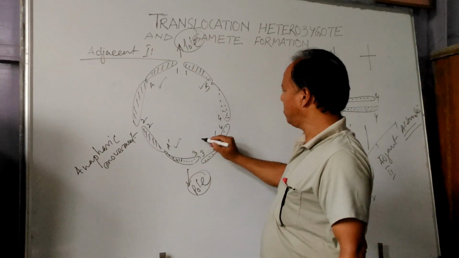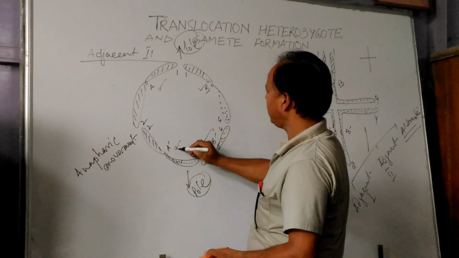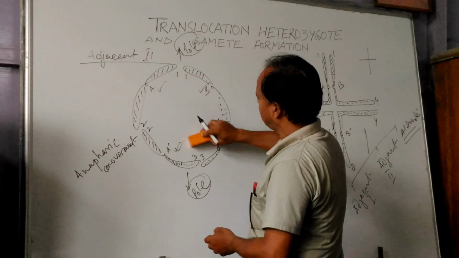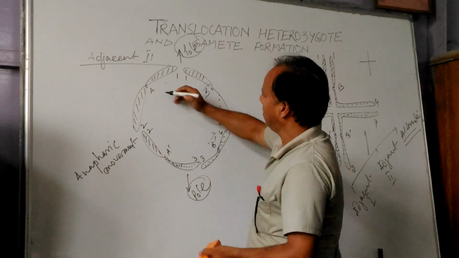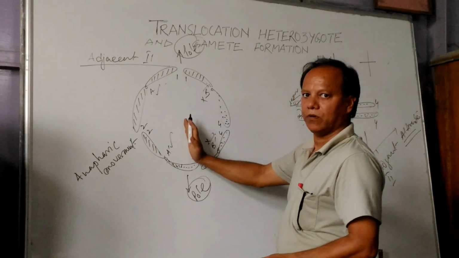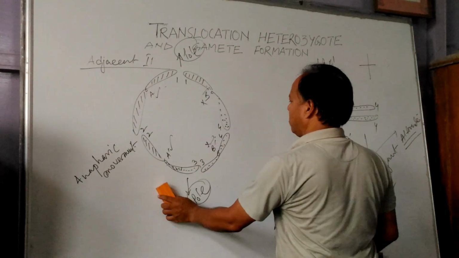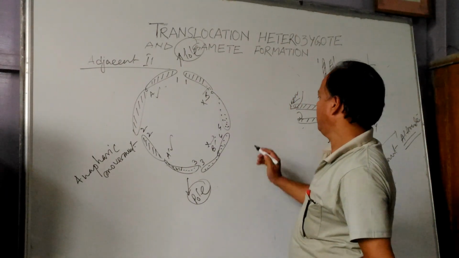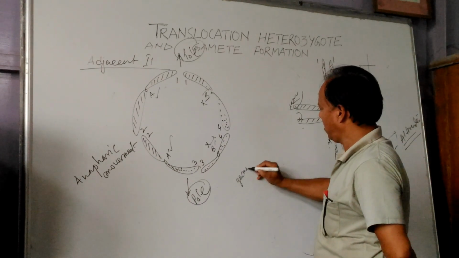In adjacent 2, again the adjacent chromosomes are involved in the formation of gamete. The chromosomes at the left hand side will go to one pole, and the chromosomes on the right hand side will go to the other pole.